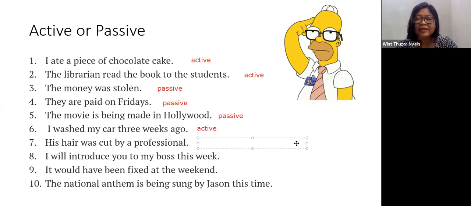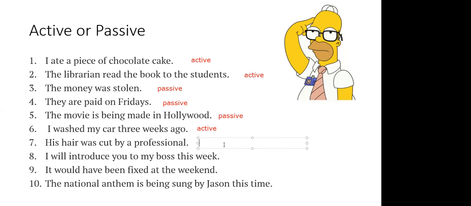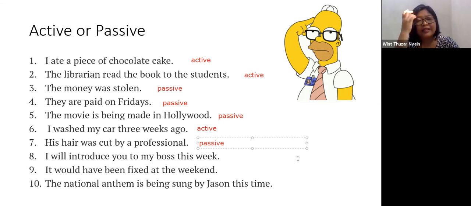His hair was cut by a professional. Passive. What is the active verb form of number 7?